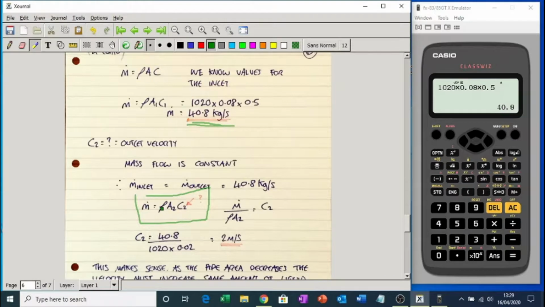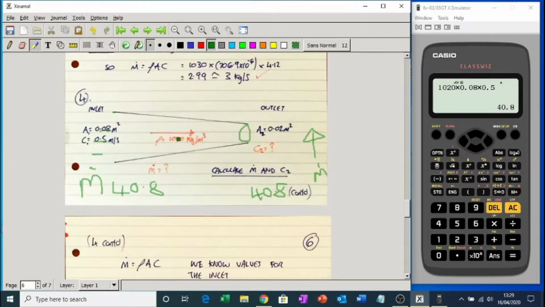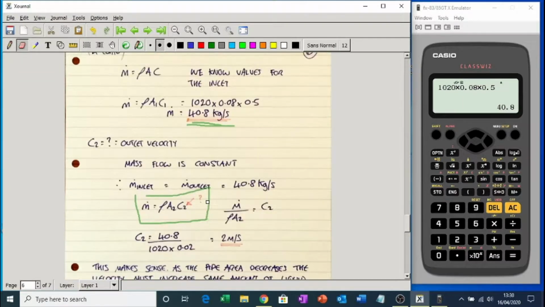I know the density of the water, it's 1020. And I don't know the speed. I'm trying to find the speed. So I know this, but I don't know this. So I'm going to rearrange the formula to find this.